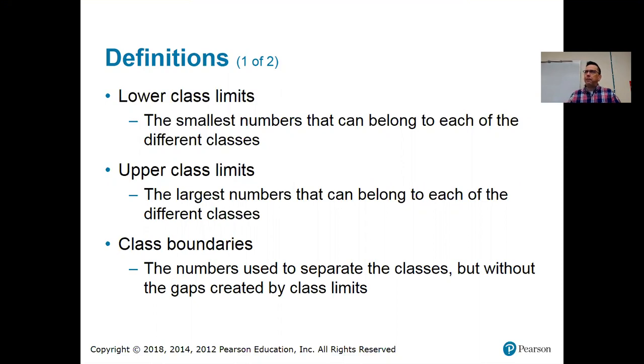So it's halfway between the upper limit for a B and the lower limit for an A. And then the next class boundary would be 79.5. So that's halfway between the upper limit for a C and the lower limit for a B. Those are called class boundaries. So obviously, that's not something you think about a whole lot when you're looking at grades. Okay.